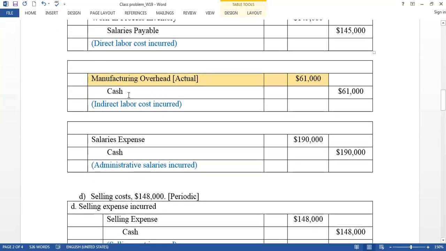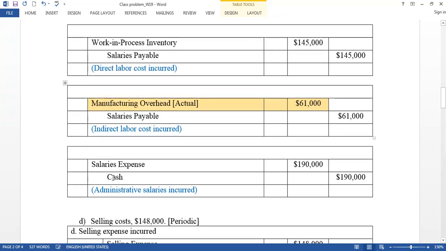Then manufacturing overhead debit, salaries payable credit. Clear? Then salaries expense debit, salaries payable credit.